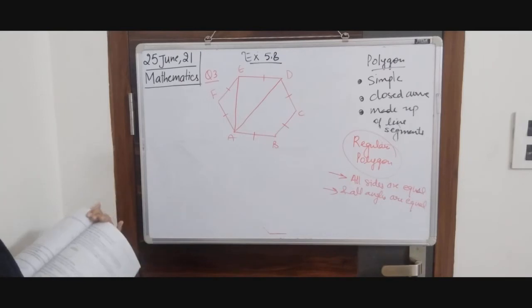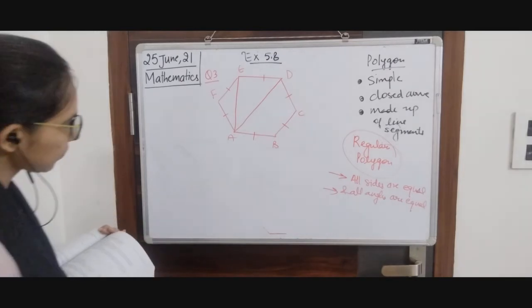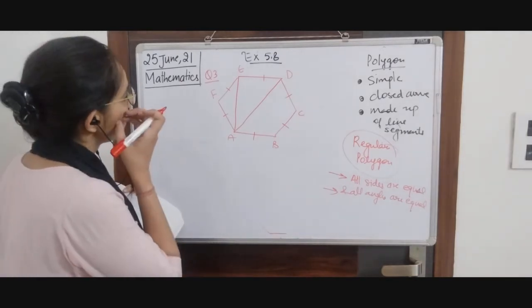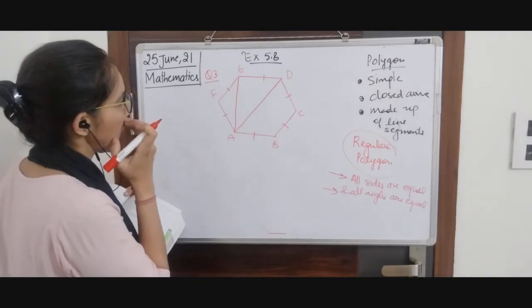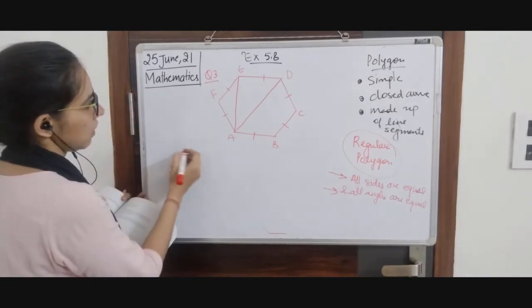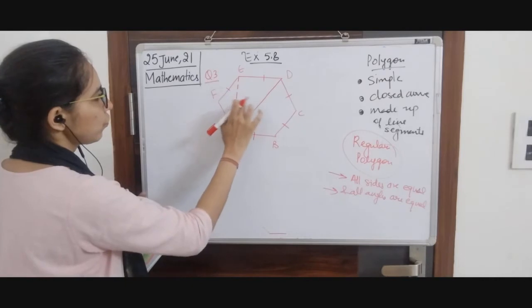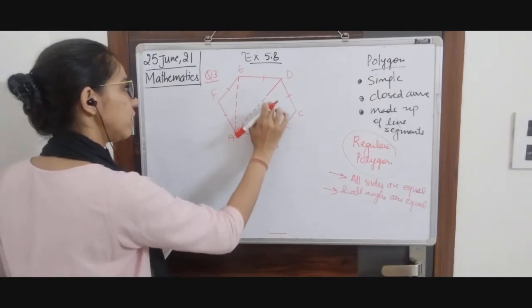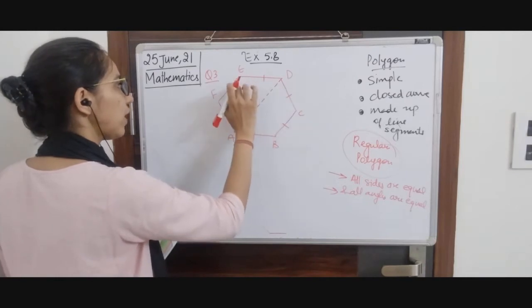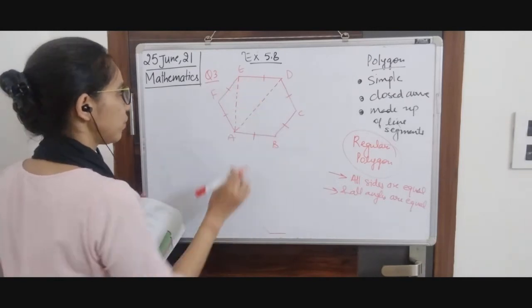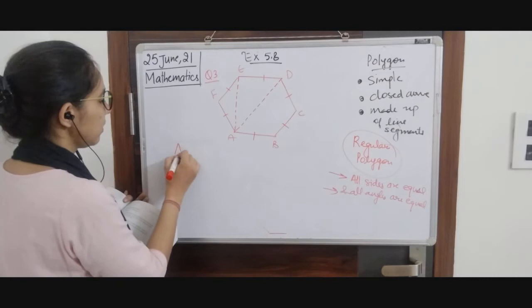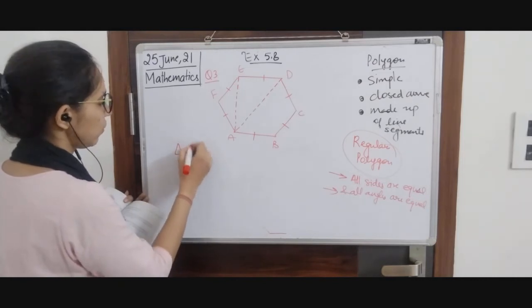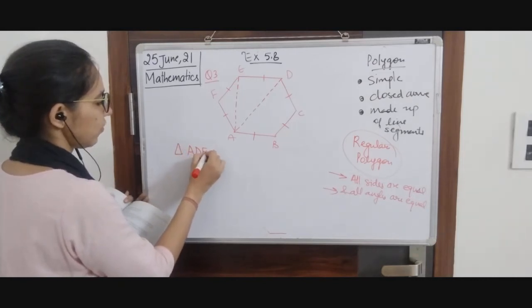Identify the type of triangle we have drawn. I am going to use a dotted line to distinguish it from the sides. Now I have joined the triangle. We have joined these three vertices, and ADE is our triangle.